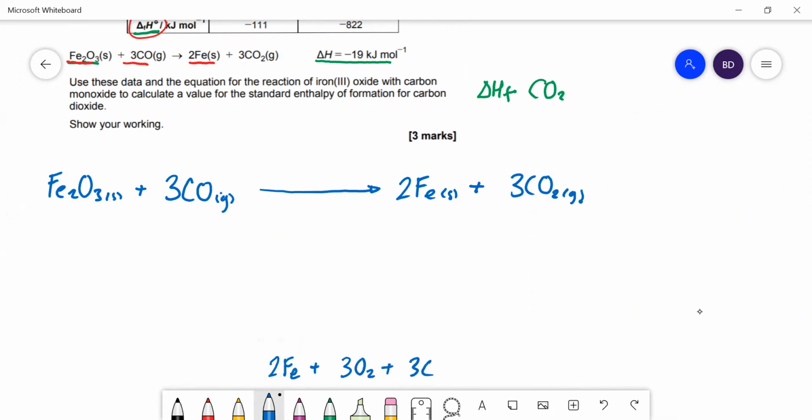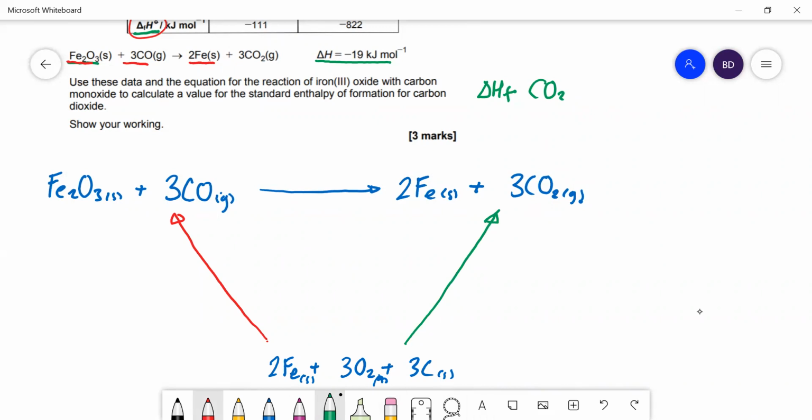Okay, should put state symbols there: solid, gas, solid. Right, and this red arrow, and do that one in red and do this one in green. The arrows go up because we're forming these compounds from the elements in their standard states. They come out green, that stays red.